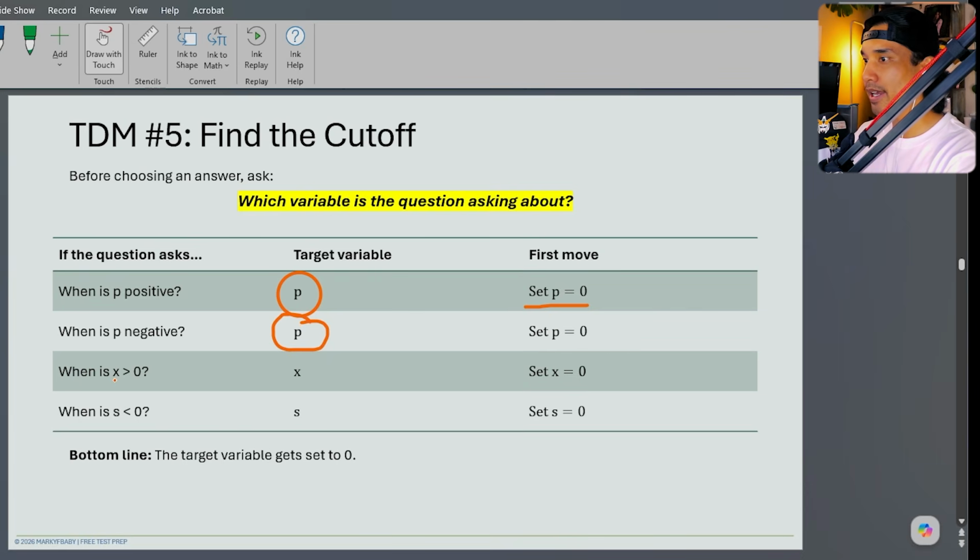When is X greater than 0? The target variable is X, so I set X equal to 0. When is S less than 0? The target variable again is S, so we set S to 0. The bottom line here is the target variable gets set to 0.